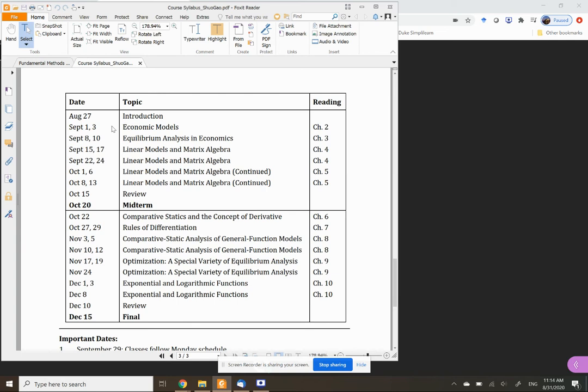But now everybody's staying at home, so these dates are just a reference. This is week 1, this is week 2. September 1st is a Tuesday, and this is Thursday.